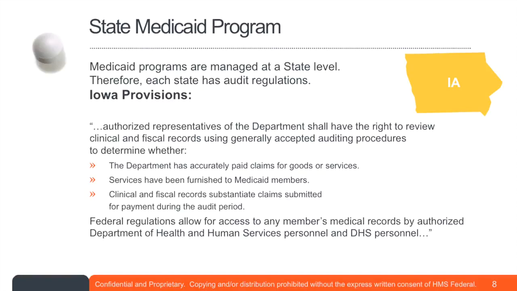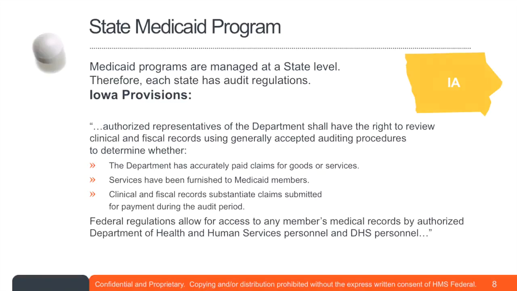The Iowa provision says authorized representatives of the department shall have the right to review clinical and fiscal records using generally accepted auditing procedures to determine whether the department has accurately paid the claims, the services were actually furnished to Medicaid members, and the claims submitted were paid during that auditing period.